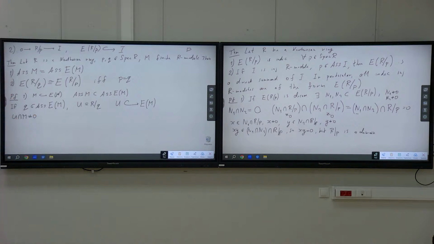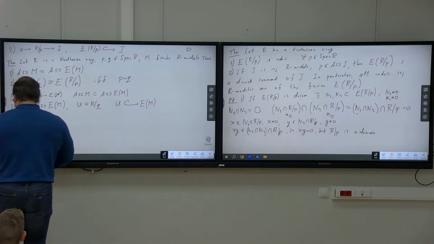Well, that is because M in the injective hull of M is an essential extension. So this intersection is not zero.